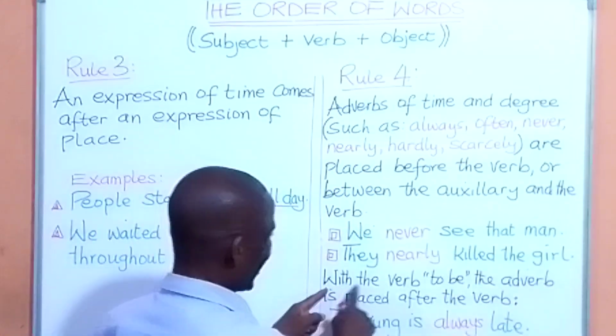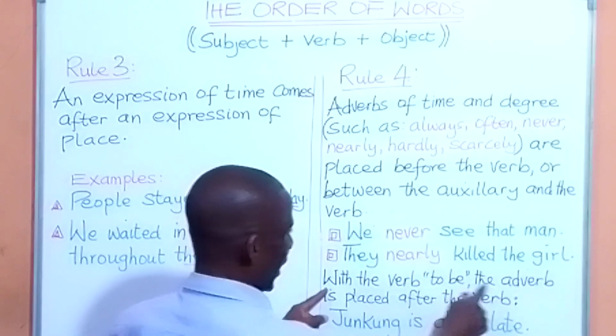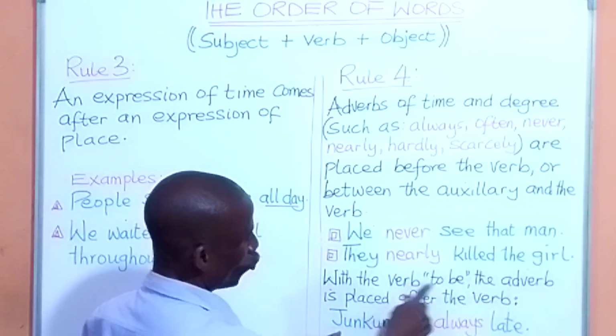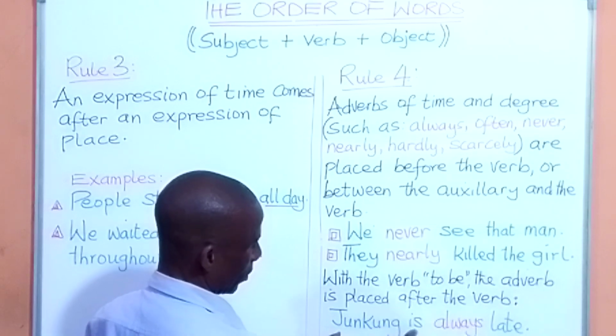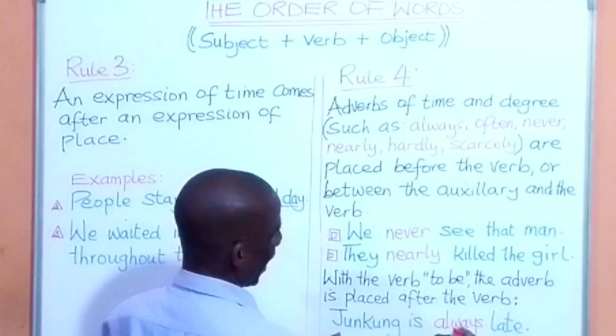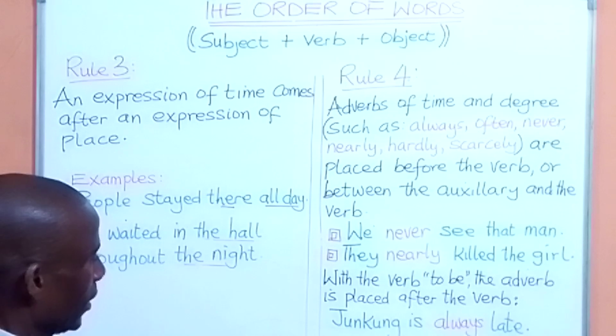With the verb to be, that is, or are, the adverb is placed after. So, if you have to be, are, was, or is, Junkun is, you place the adverb, then you put late.